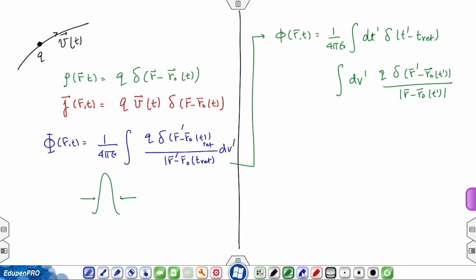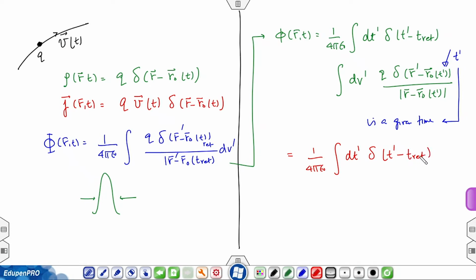Now, you see this t prime is a given time, fixed, it is not changing with r prime. So, I can do this integral. When I do this integral, what do I get? I get this whole thing equal to 1 over 4 pi epsilon 0 integral dt prime delta of (t prime minus t retarded), q will come out now, divided by |r minus r naught(t prime)|.